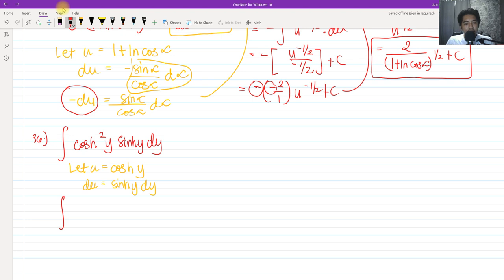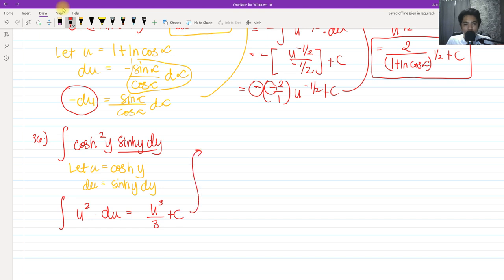So we let u be hyperbolic cosine y, so we have u squared. Then hyperbolic sine of y dy would be du. This is simple as the power formula. So we have u raised to 3 all over 3 plus c.